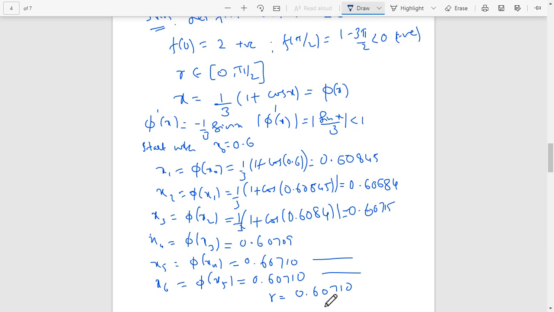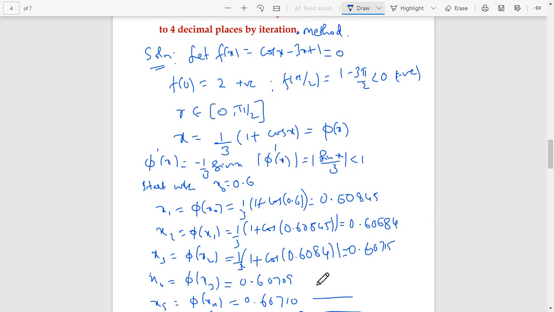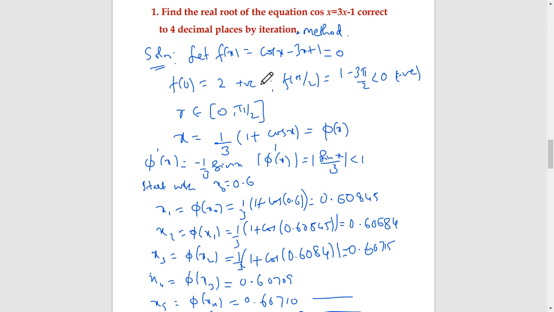This is corrected to 4 decimal places. So we got the approximate root of the equation, that is r is equal to 0.60710. Is it clear?